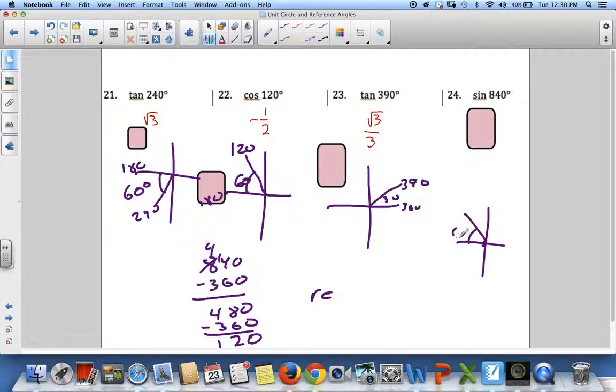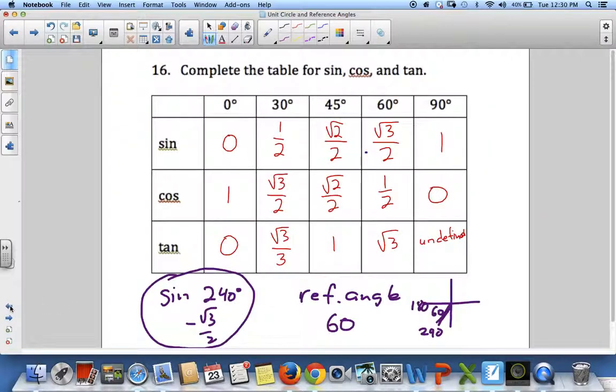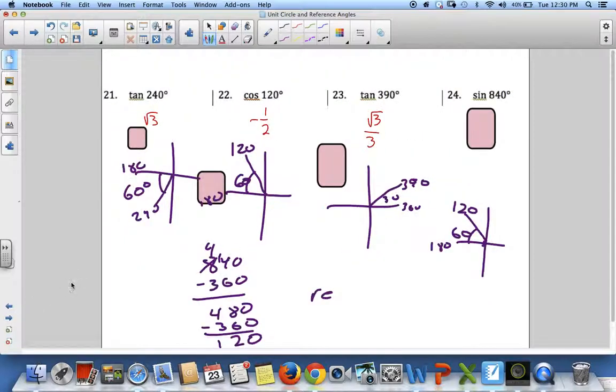Reference angle, we did that, was 60. That's 120, and that's 180. So the reference angle is 60, so the sine of 60 is square root of 3 over 2. And that's going to be positive in quadrant 2, because that's where sine is positive, so square root of 3 over 2 is the answer to that.